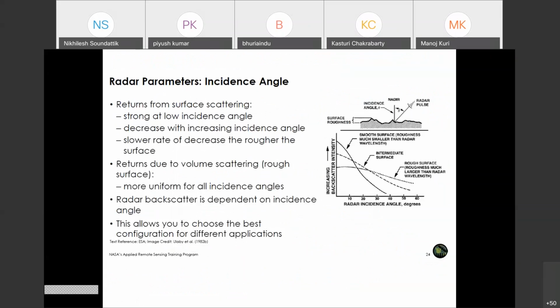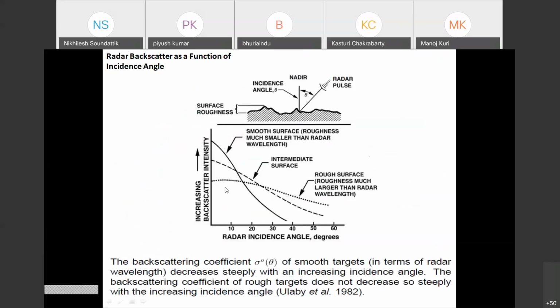Then, according to the incident angle, it is seen that surface roughness and incident angle relate as this diagram will explain further. Here is the rough surface and the backscatter intensity. Then we have the intermediate and the smooth surface. What is happening?